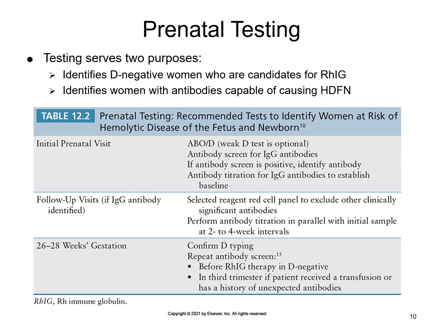It's going to identify if there is an Rh negative female who's a candidate for Rh immunoglobulin, and it also looks for women who have developed any sort of antibodies that are capable of causing hemolytic disease of the fetus and the newborn. So testing that can be done is initial prenatal testing.